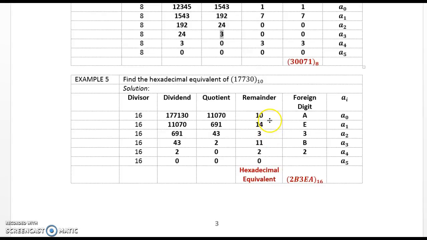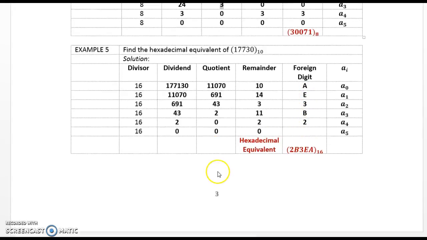Now, of course, the conversion to the foreign digit is not trivial. 10 goes to A, 14 goes to E, 3 goes to 3, and 11 goes to B, and 2 goes to 2. And so our equivalent hexadecimal value is 2 Baker, 3 Easy, A, Alpha.